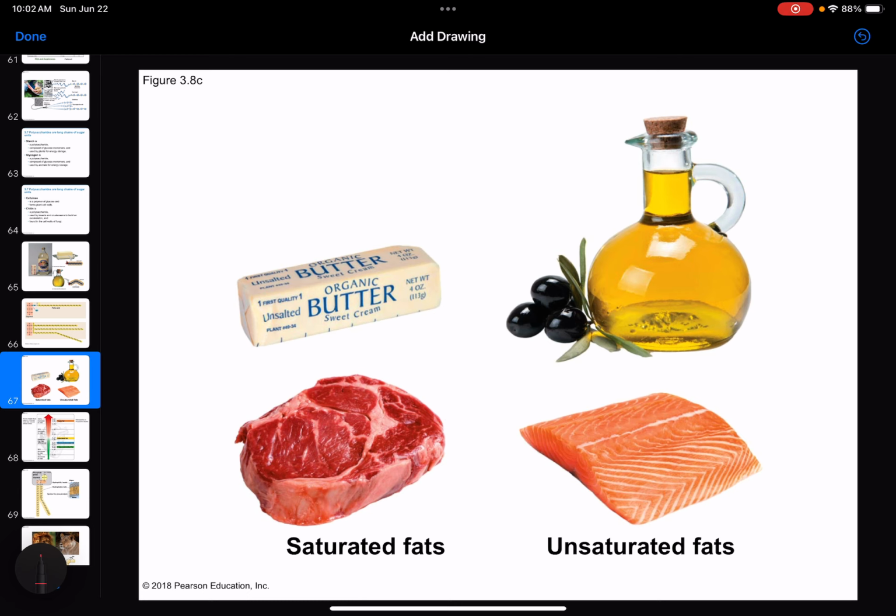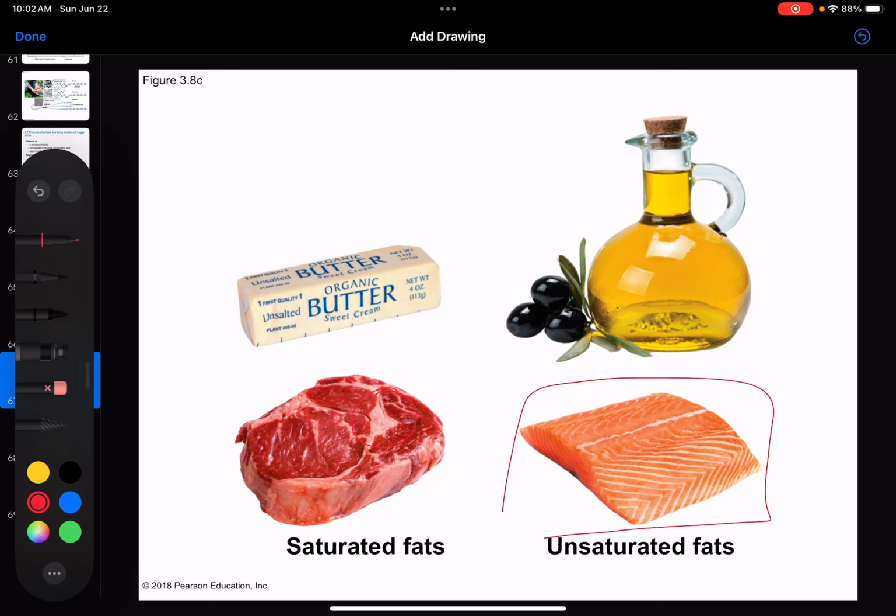For example, I don't know if you know this or not, but just because you're an animal, that doesn't mean that all your fat is saturated. Here's an example of a very common fish eaten by health-conscious individuals like myself. This would be salmon. And salmon doesn't store its fat the way beef does.